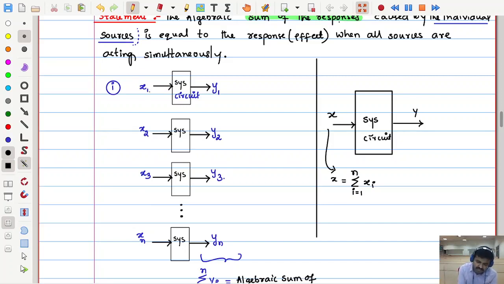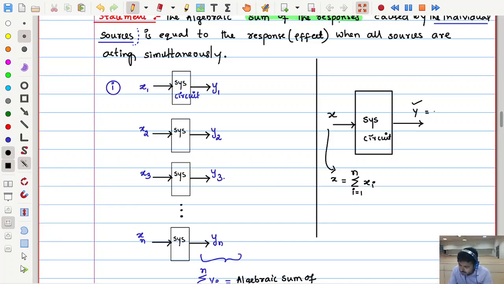Initially I might be given 1 volt, 2 volts, 3 volts, up to 10 volts. Now what I will do is add 1 plus 2 plus 3 and so on up to 10. How much is that value? That value of input I will give here. Then this output Y is the total output when all the inputs are given together.